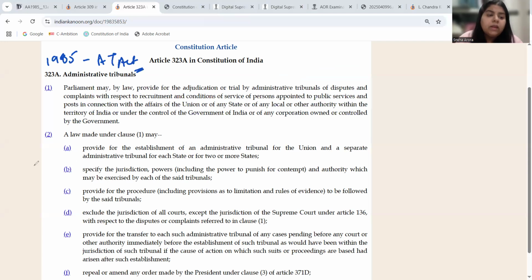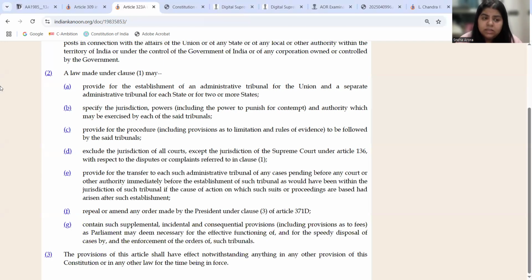Okay. Now when we move to clause 2, the main provision that we need to deal with in this case is Article 323A, clause 2, sub-clause (d).